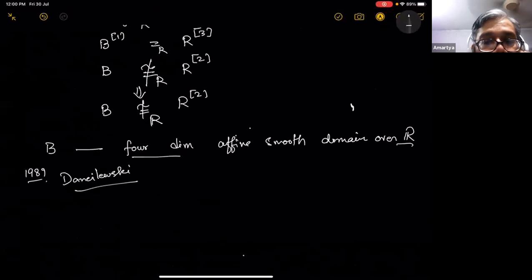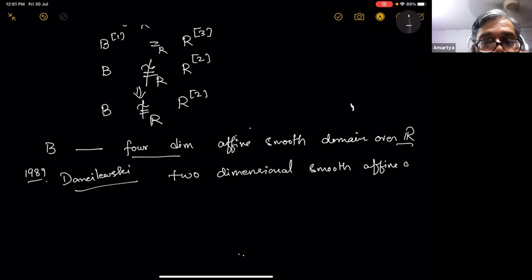So he constructed examples over the field of, so these are 2-dimensional smooth affine surfaces, and you can construct them over any field of characteristic 0, but it is better to take complex numbers because that was more difficult to ask.